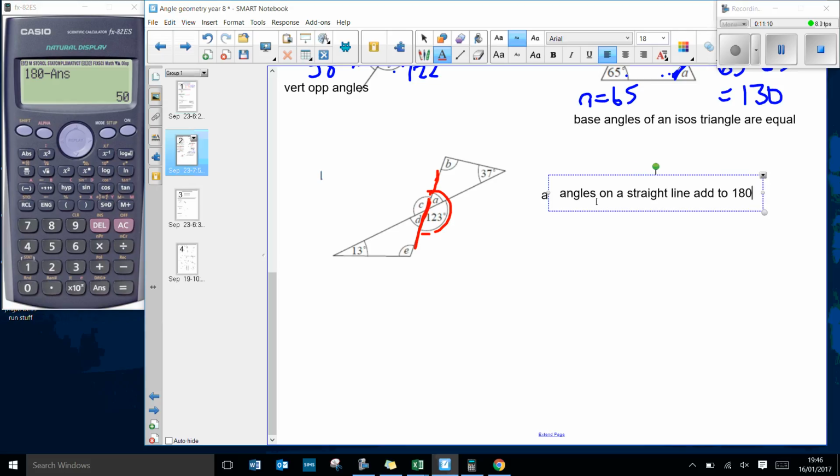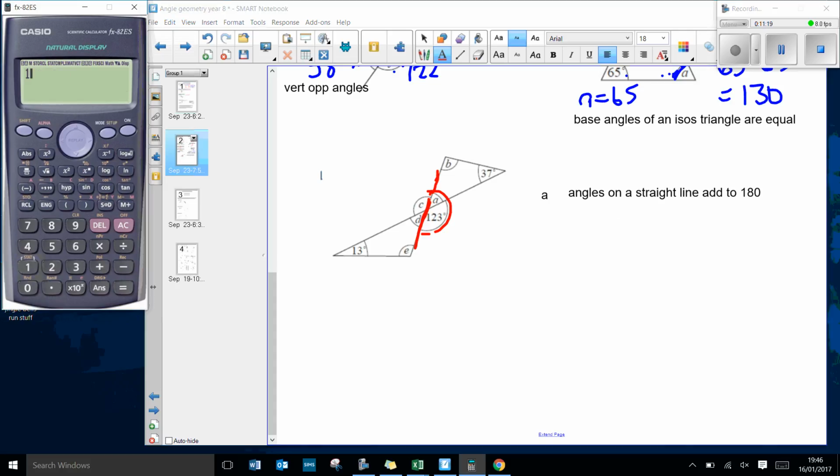Okay, and the angle would be 180 subtract 123, which gives us 57. So A is 57.